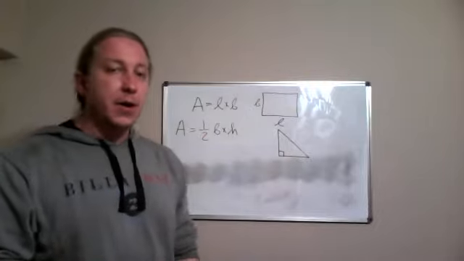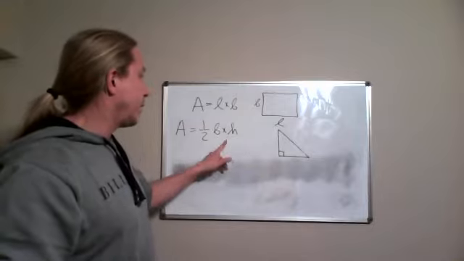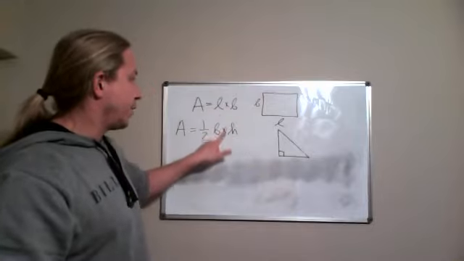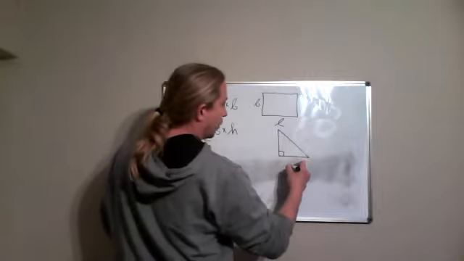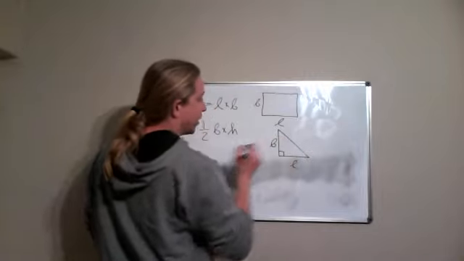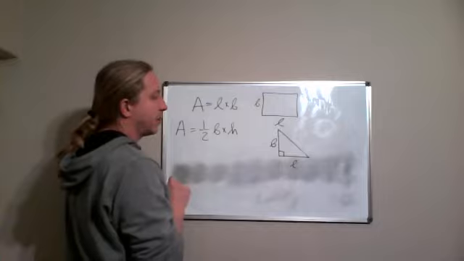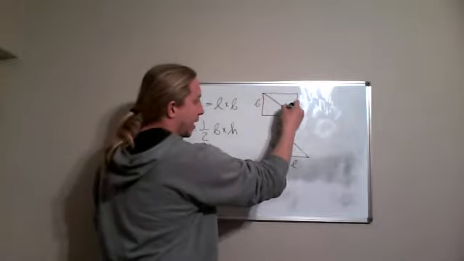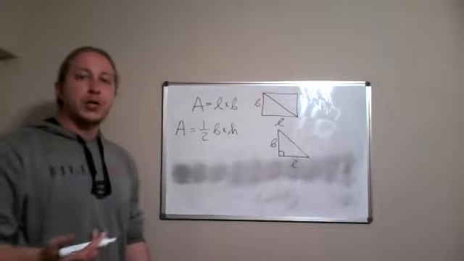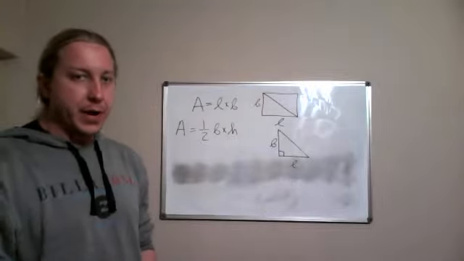If you guys want to figure out where this formula comes from, because it looks very similar to that formula, it just has a half. Let's say we have this triangle with length L and breadth B, same as that rectangle there. Well, if I take a diagonal over here and cut it in half, I'm going to get half the area, right?